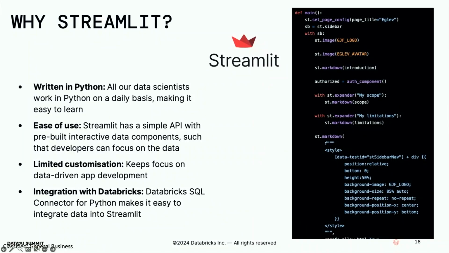Well, Streamlit itself is written in Python. All our data scientists work in Python, and as we've also heard at the keynote today, Apache Spark has been told many times by many users, Spark and Scala is nice, but all our users work in Python. This is also the case for us. So it makes it a lot easier for us to teach people how to work with this tool.